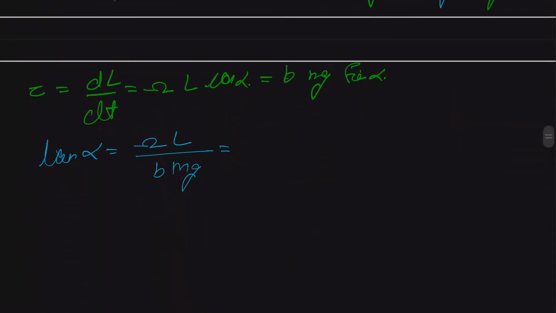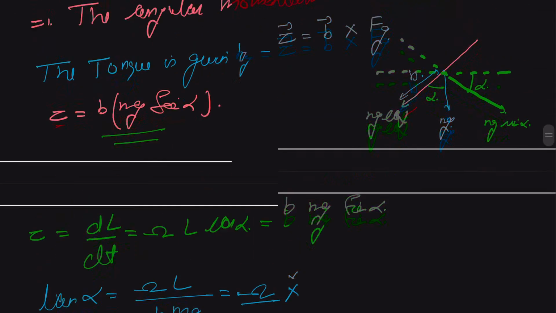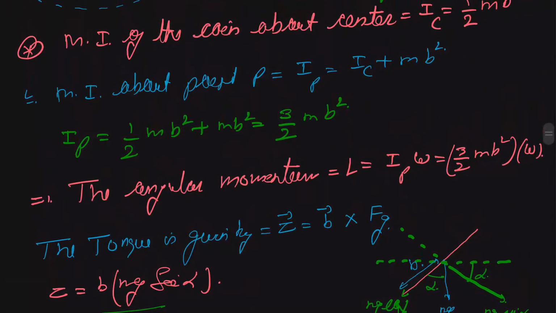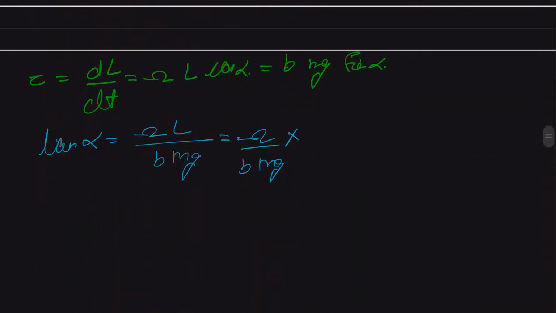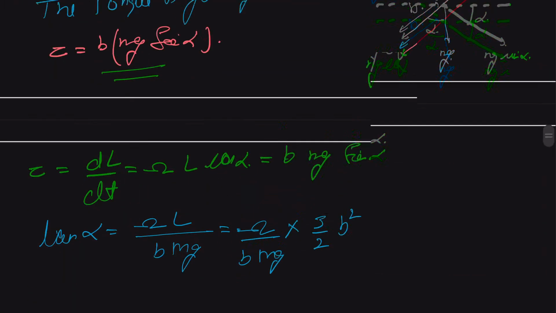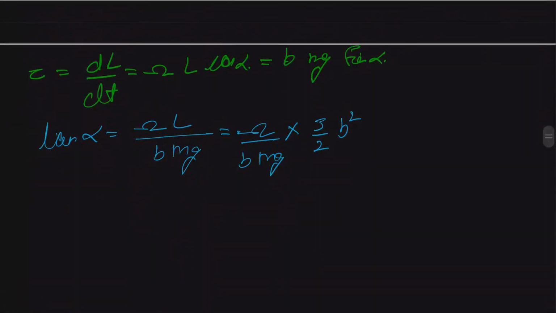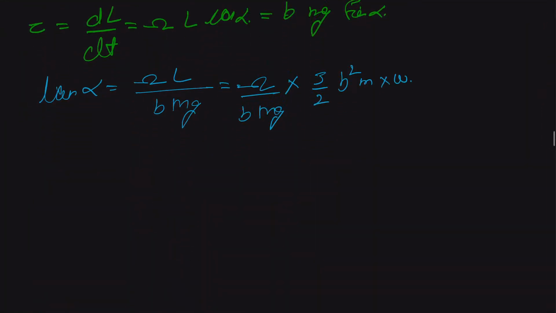So we get omega upon b times mg, and our L is 3 by 2 m b square times omega.